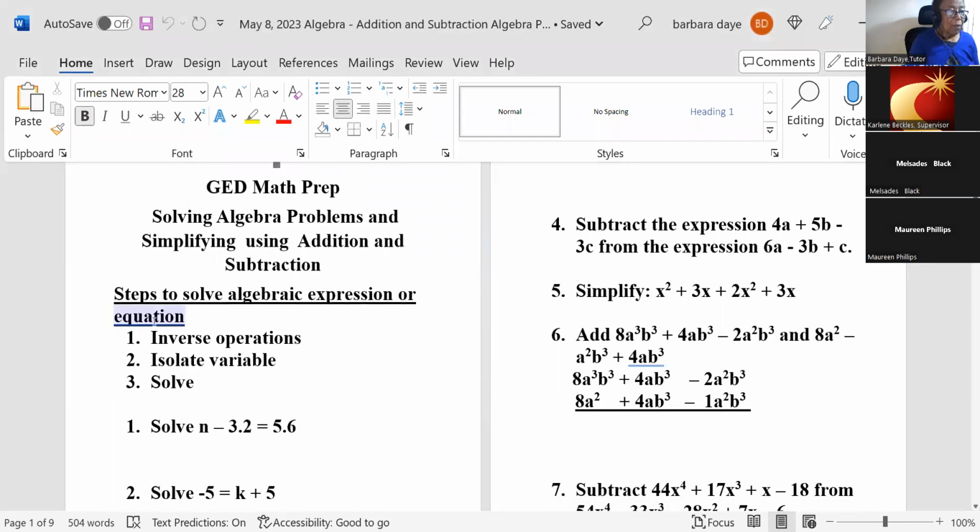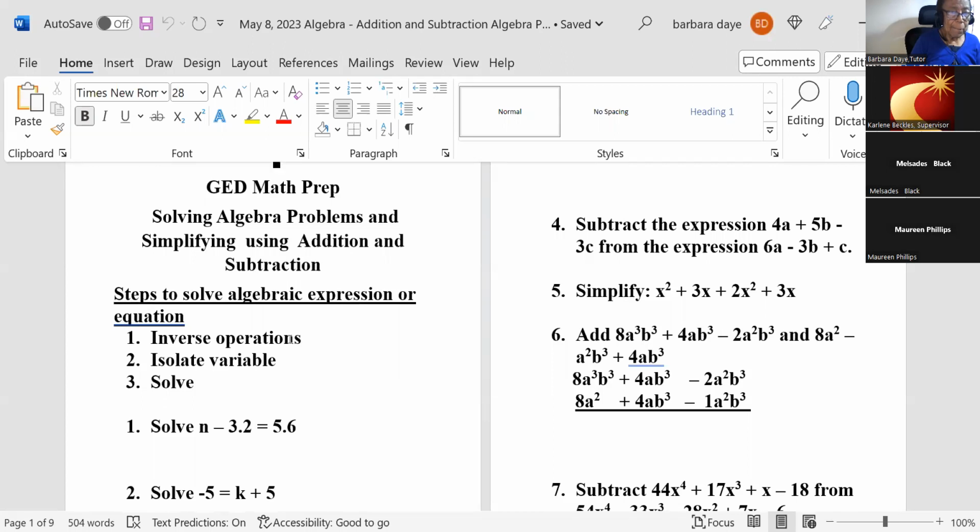All right. Now remember these steps when you solve an algebraic expression or equation. Inverse operations, and you know what they are. The inverse of addition is what? Subtraction. Multiplication? Division.